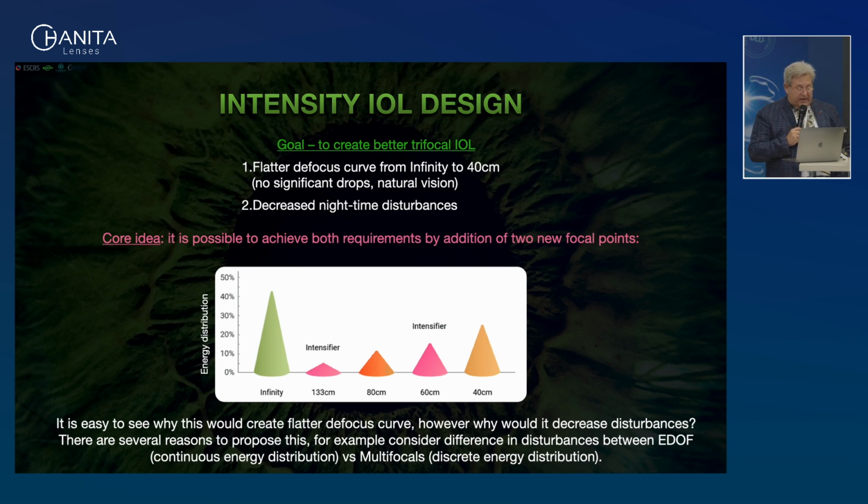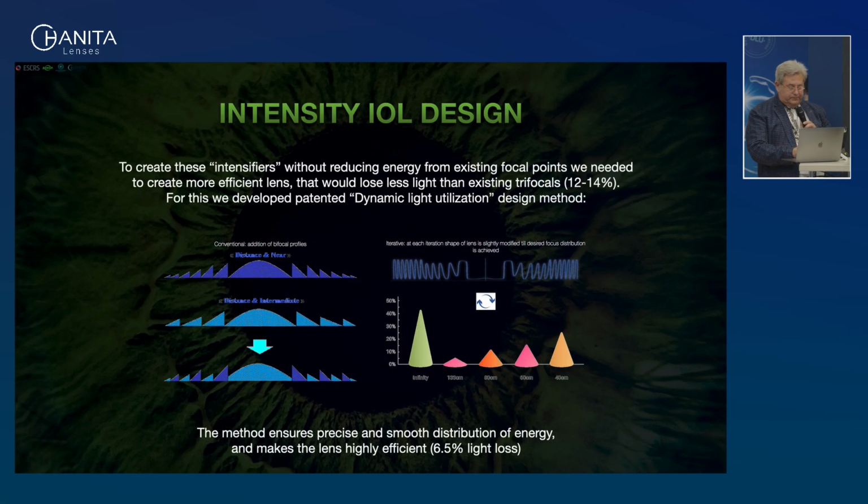But how does this lens reduce disturbances? To understand this, we need to look at the difference in disturbances between continuous and discrete energy distribution. To create this lens without reducing the energy from existing focal points, Hanita had to develop more efficient lenses that lost less light than existing focal lenses.